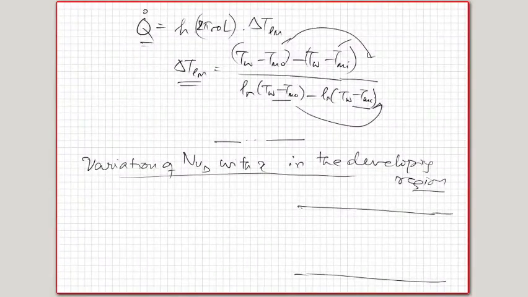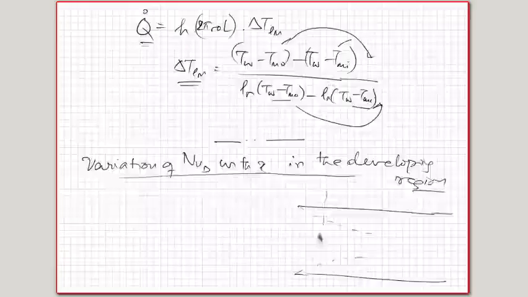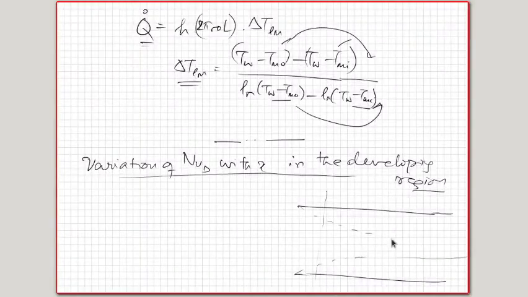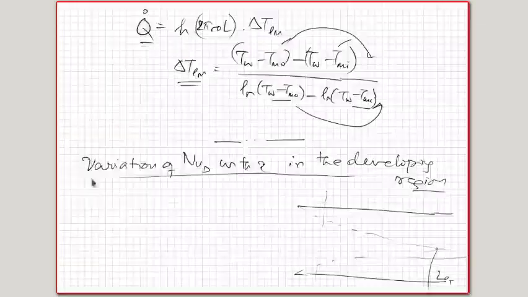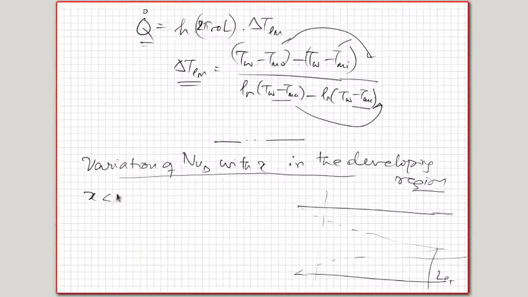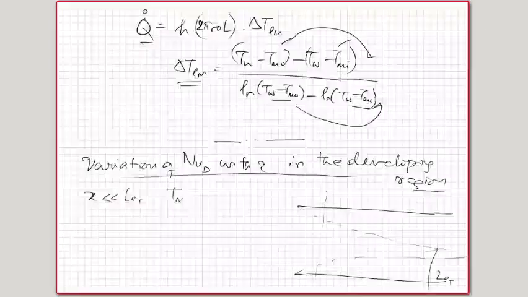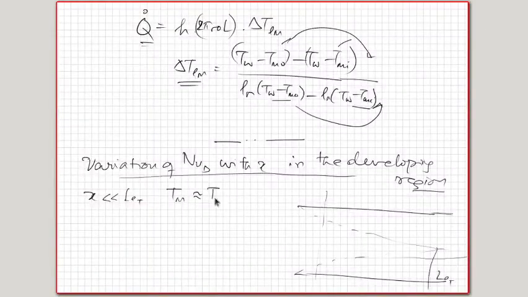Then there is a thermal boundary layer that starts developing here, and at some x, which is L_ET, it gets fully developed. So when x is much less than L_ET, we can say that the mean temperature T mean is approximately equal to the inlet temperature Ti.